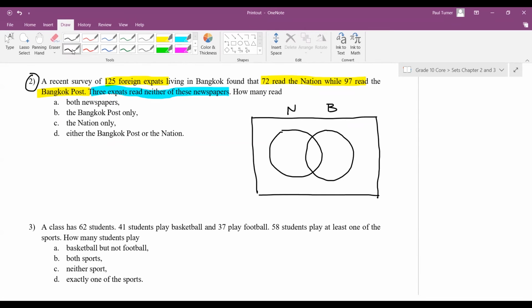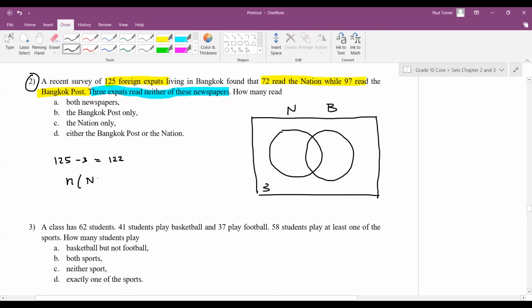So we know that 3 will go outside. They're not inside the set of those who read papers. So 3 outside. So what we know now then is that 125 minus 3 will give 122. That's your union, N union B.